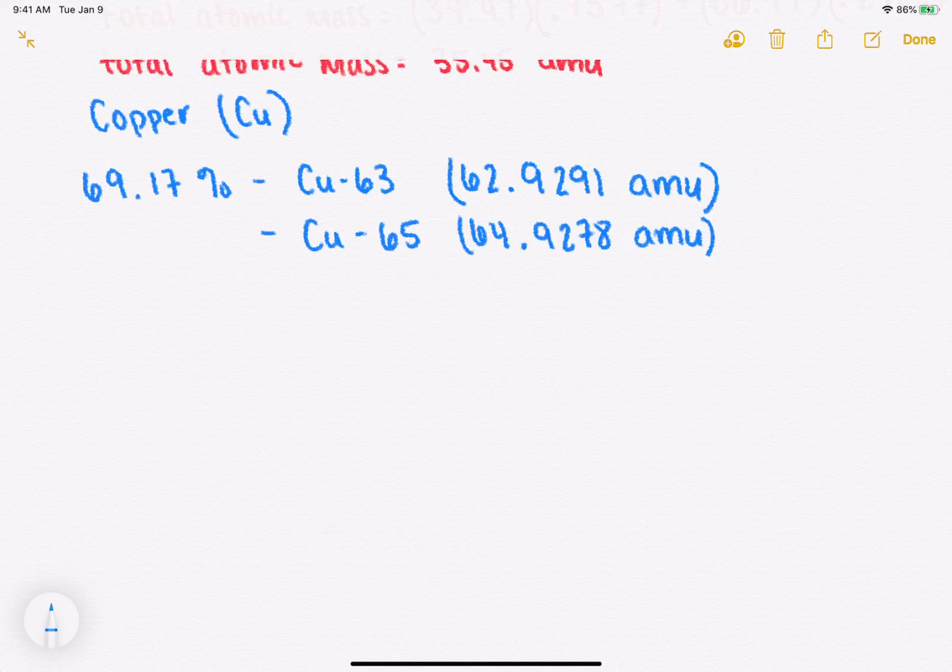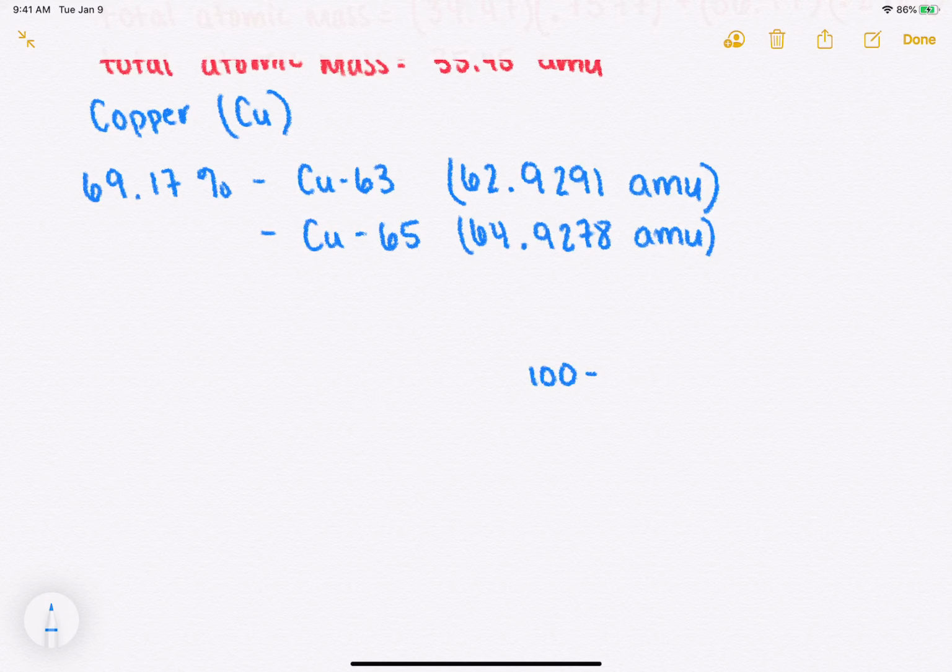So sometimes these problems aren't going to tell you the percentages of all of the different isotopes. So if it only gave you this information, what would you have to do in order to figure out the percentage of the second isotope? Think about that for a second. So if you're only given the percentage of one isotope, but you know there are two of them, because they're percentages, all you would have to do is subtract from 100.